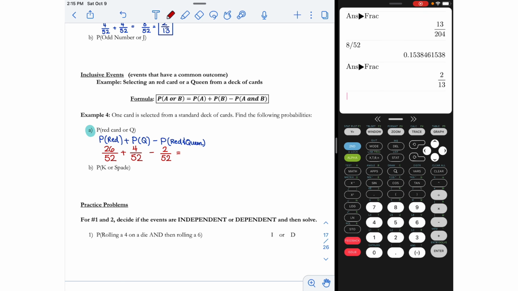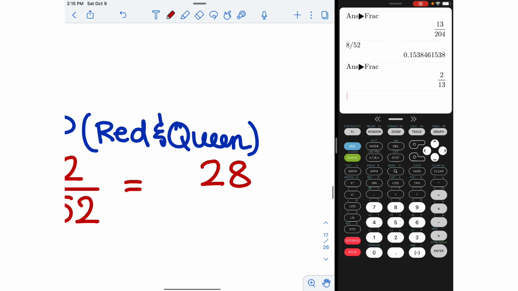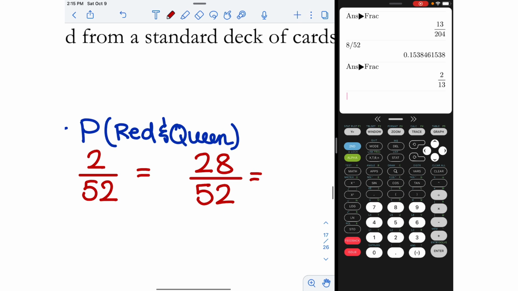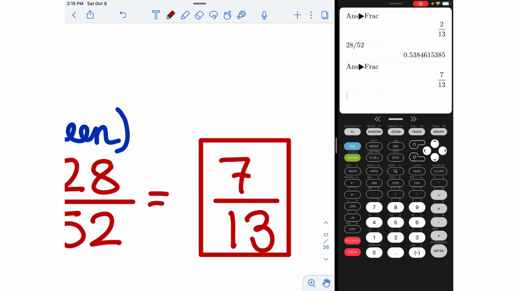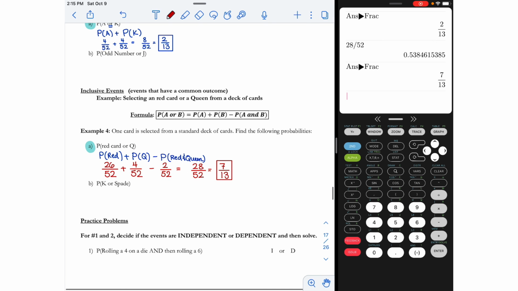So we get 26 plus 4 is 30, minus 2 is 28 out of 52. And 28 out of 52 reduces to 7 over 13. So we just subtract out any overlap that occurs, or we have to account for the overlap in some way.